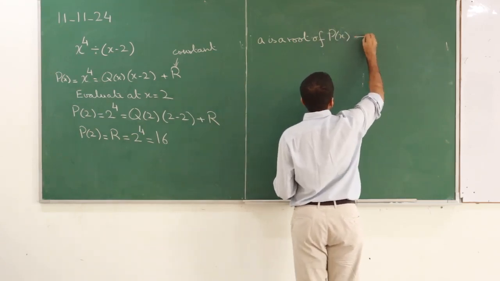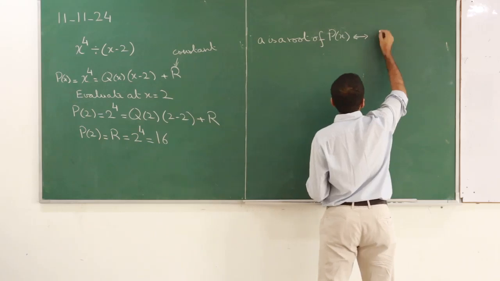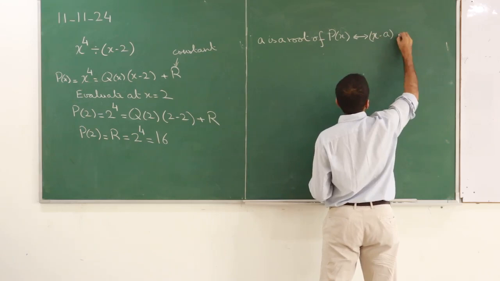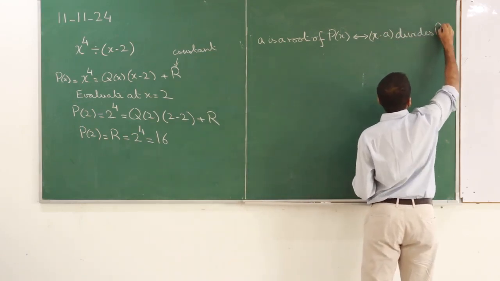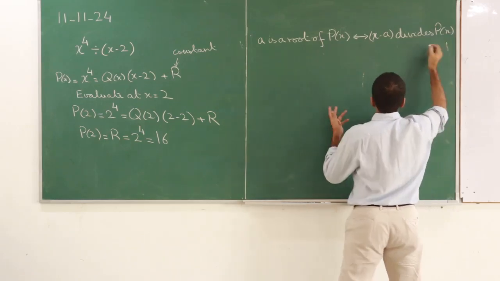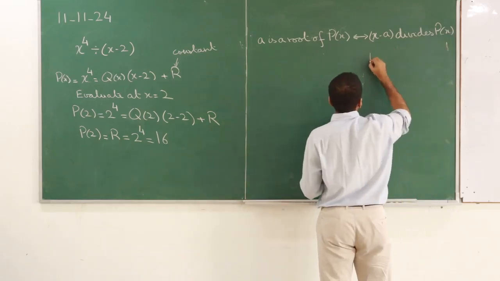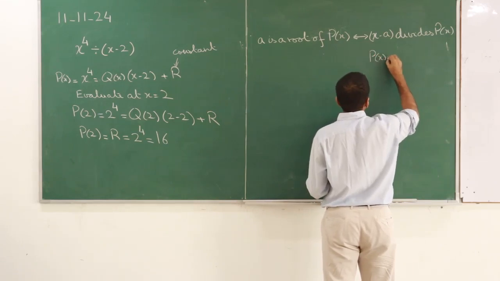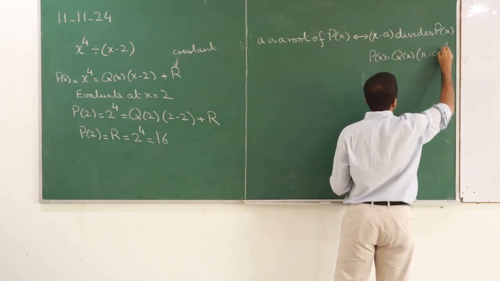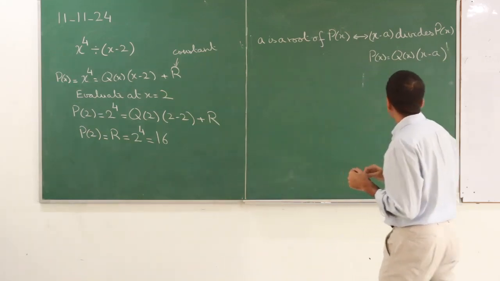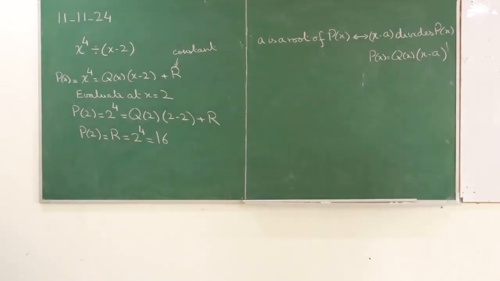What it means is that x minus a divides p, or in other words, p of x can be written as some quotient multiplied by x minus a, right? So this is what we mean by a being the root of a polynomial.